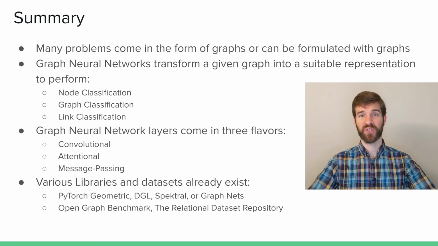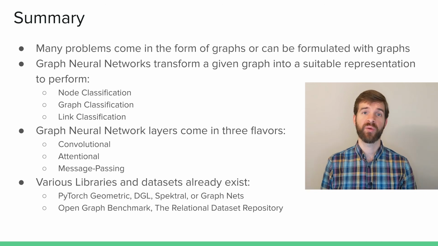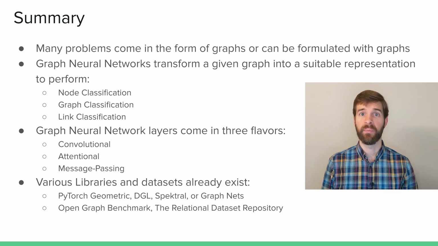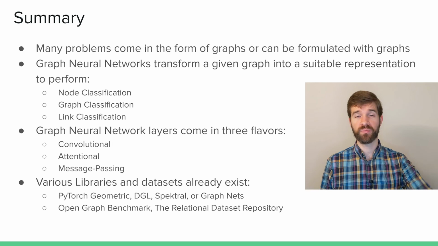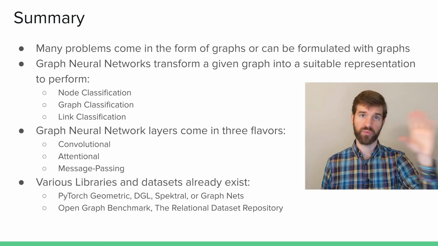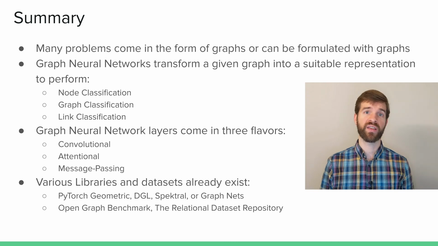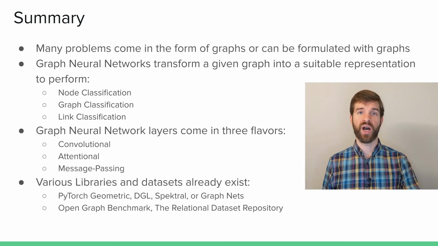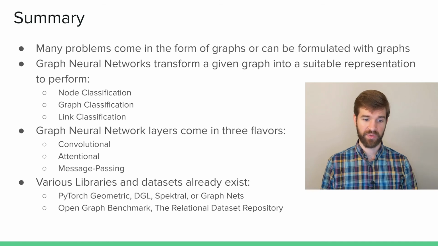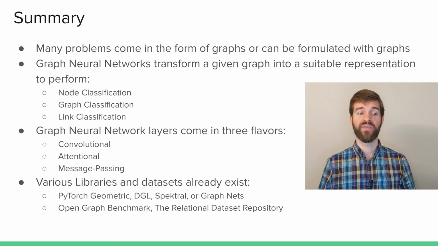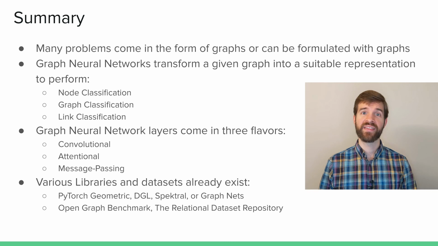And then you have the most sophisticated way of performing graph neural networks, which is message passing, where you compute messages from each node, from each connection. You can incorporate additional features from the edges, and then you summarize it to update the node for the next time step. And there are various libraries and datasets that are already available and that you can use to solve your problems in the future.